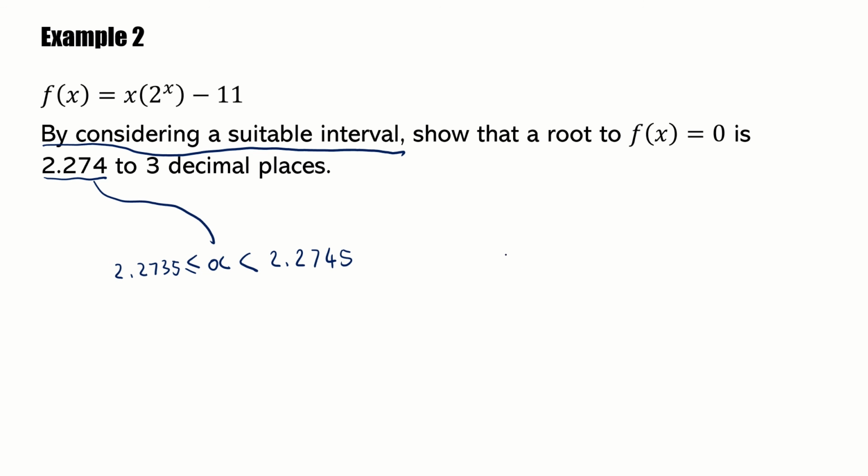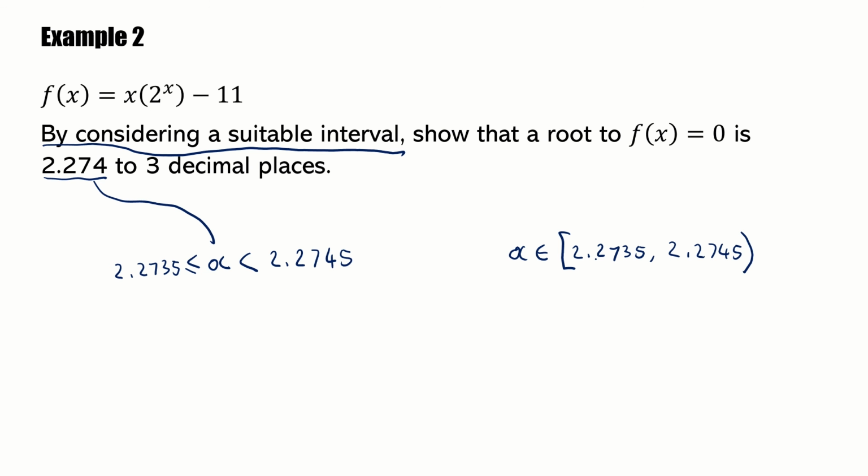Cool. In interval notation, by the way, that would be writing it like this instead. Remember, it's a square bracket if it's including the number, and it's a normal curved bracket if it's not including the number. So just showing you the two different notations there.